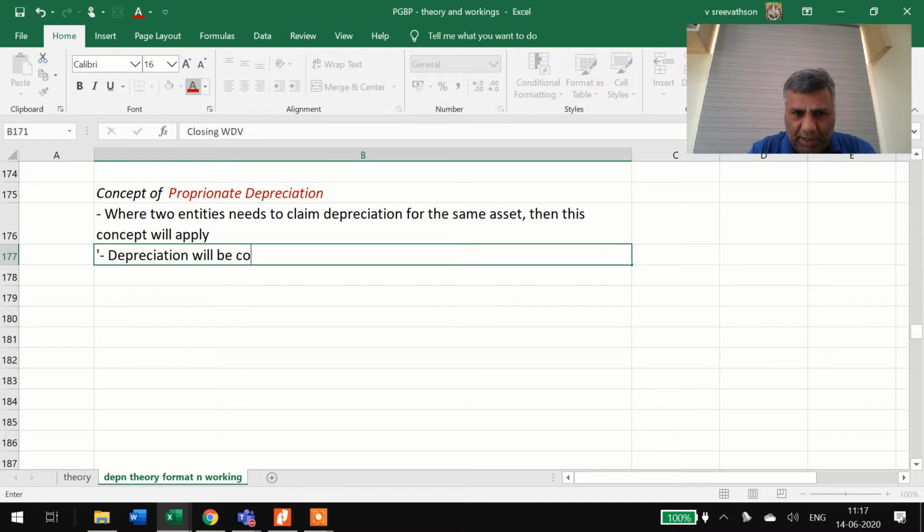Depreciation will be computed ignoring the event.